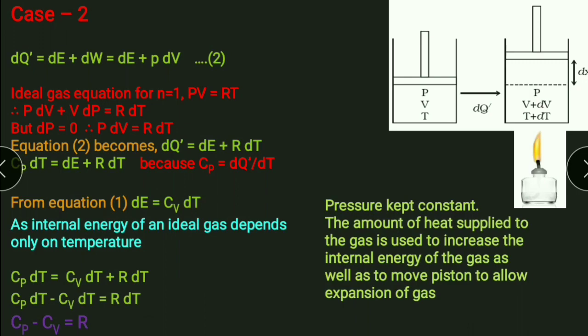Note that in both cases we increase the temperature by the same amount dT, but we need to supply more heat energy to the container in the second case, because in the second case the heat supplied to the gas is used to increase the internal energy of the gas plus to do work on the system.